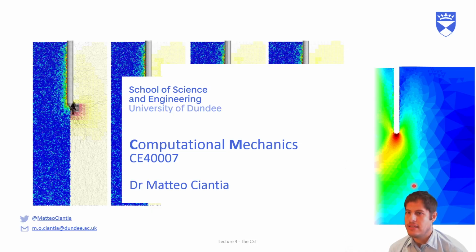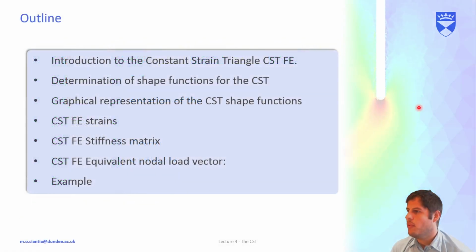So we've seen last week the general framework of the finite element method, and we saw the importance of the discretization approach, and in particular the model for the displacement, which was strongly dependent on the nodal displacement vector of our finite element, and in particular on these shape functions that rule in the end how the displacement inside each element evolves, and therefore, given the displacement, the strain. So today we will introduce the constant strain triangle CST finite element.